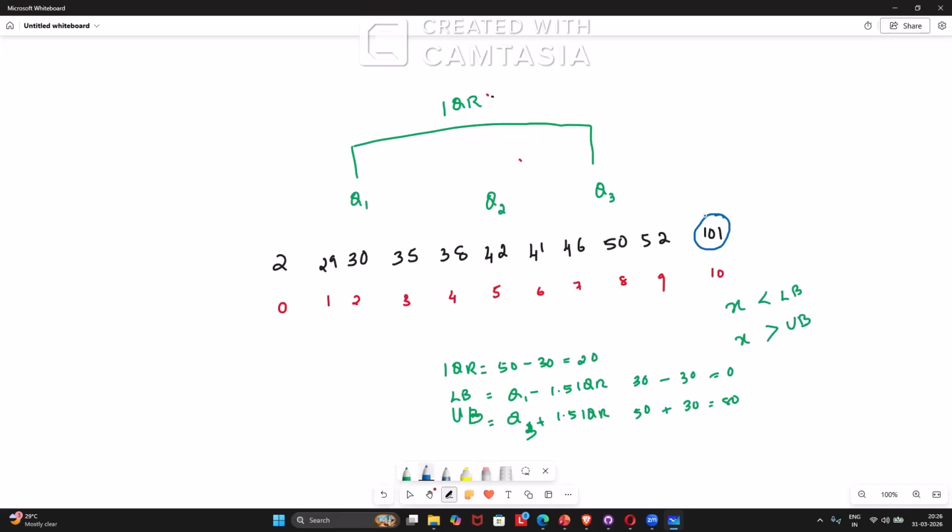There is no value less than 0, right? And there is one value greater than 80, that is 101. Hope you are getting that, right? So this is the way to find out the outliers.